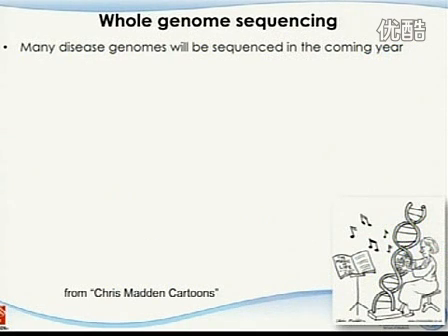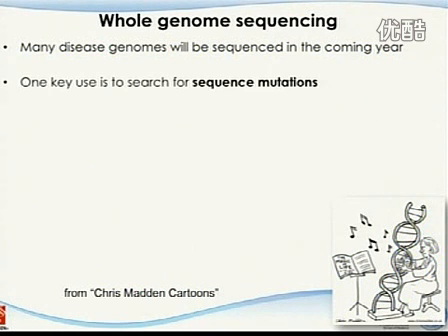Okay, whole genome sequencing. Many disease genomes will be sequenced in the coming years, and that's apparently true. One key thing that we want to identify from these sequences is the sequence mutations for the disease samples.